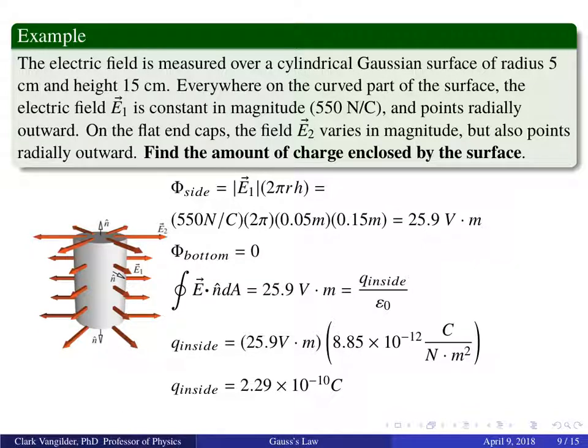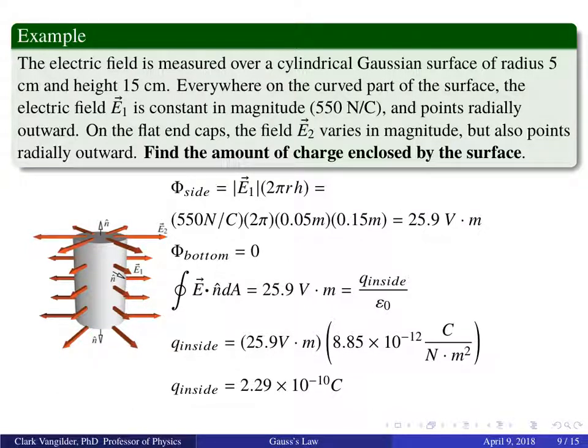All right, let's do a problem. In this example, there's an electric field poking out of this surface, a cylinder. What's going to change is the area of the surface that you're dealing with.